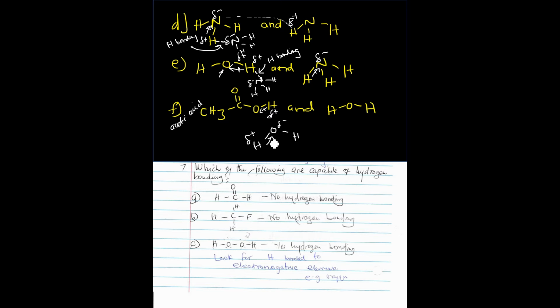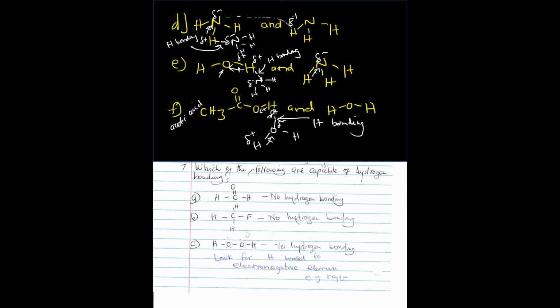If you bring these two molecules together, the hydrogen of the first molecule will get attracted to the oxygen of the second molecule, and that's how you get hydrogen bonding. So in summary, you have to look for hydrogens bonded to electronegative elements and then bring the two molecules together. They should do hydrogen bonding between themselves.